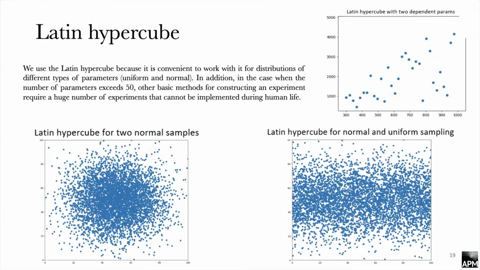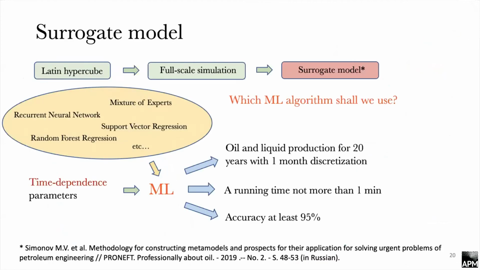And the last case, when we have two normal spaces, we also have quite a good distribution. Using Latin hypercube, we can significantly reduce the number of points needed. For example, in our case, at this moment we work with 5,000 points, so it's much less than 2 power 50 points.